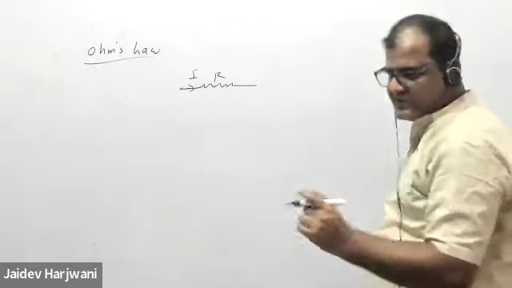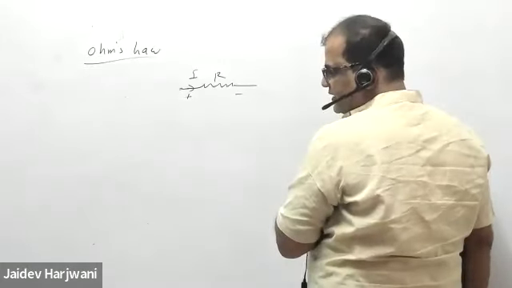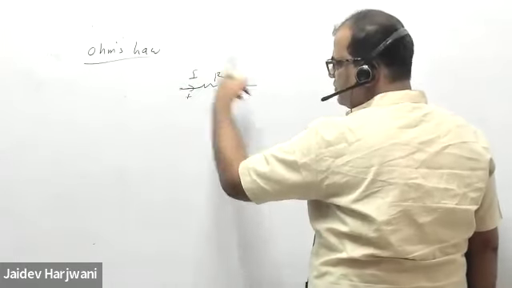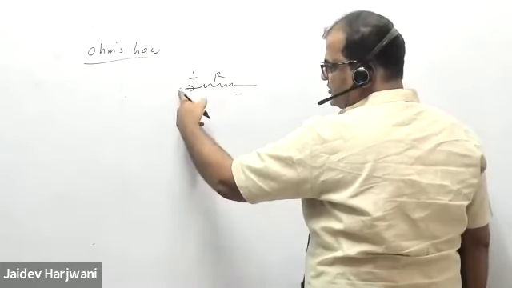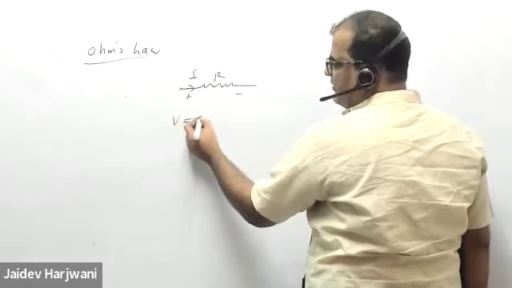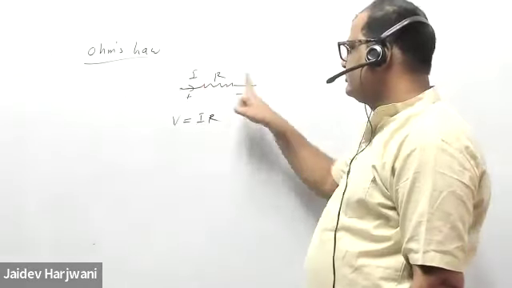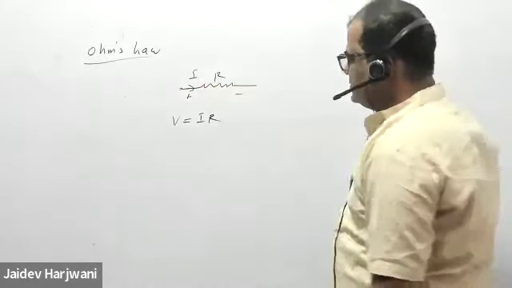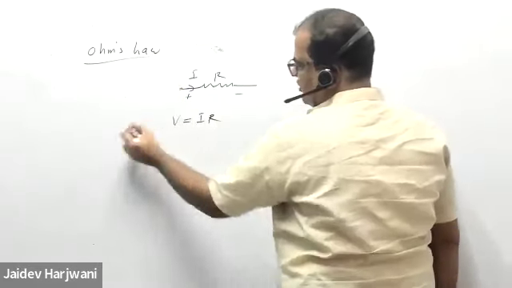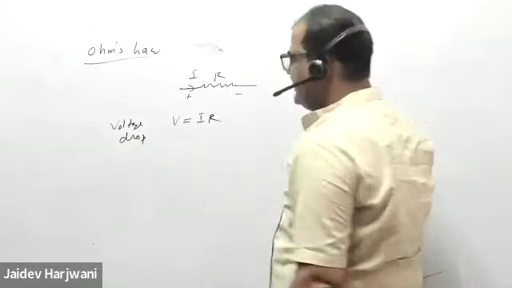If I measure like this, I know current is moving, so this is the higher potential. Current can only move from higher potential to lower potential. So this potential will be high, this will be low, and the voltage drop will be V equal to IR, because I'm moving from higher potential to lower potential.